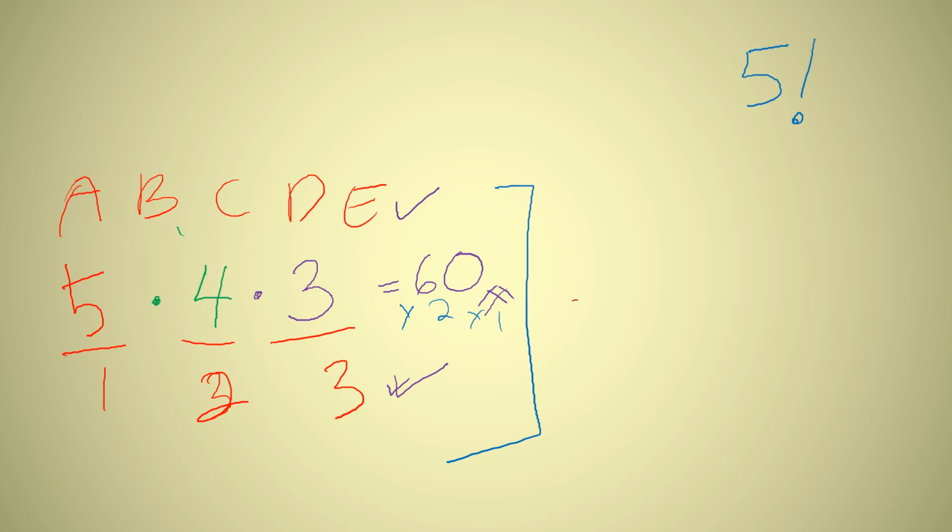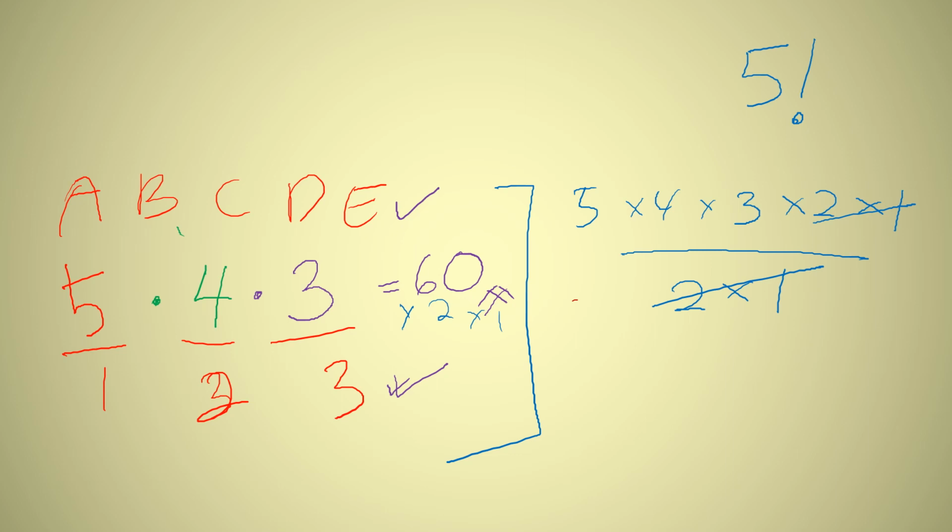So one way to think about what we just did is 5 times 4 times 3 times 2 times 1, and you could divide by 2 times 1, and then this 2 times 1 can be cancelled out, and you'll be left with 5 times 4 times 3.